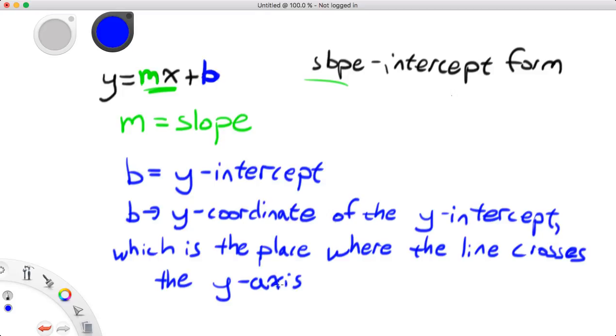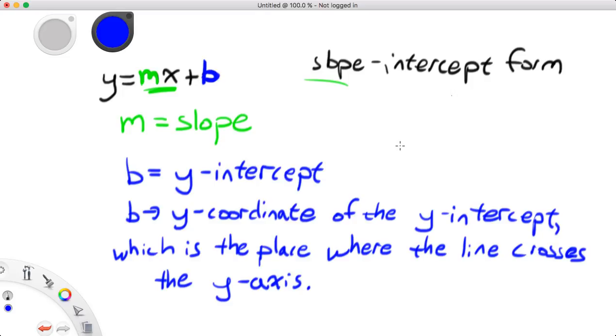I'm going to put a comma here, and I'm going to say, which is the place where the line crosses the y-axis. Okay, the y-intercept is the place where the line crosses the y-axis.